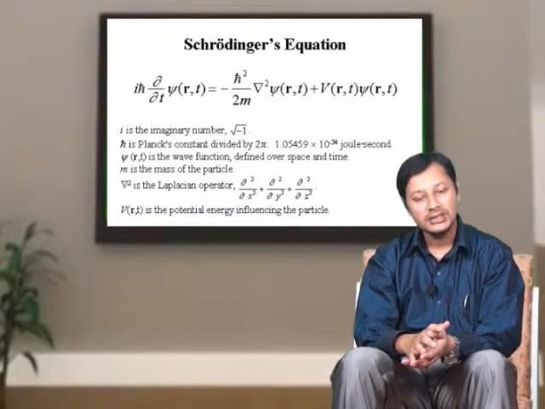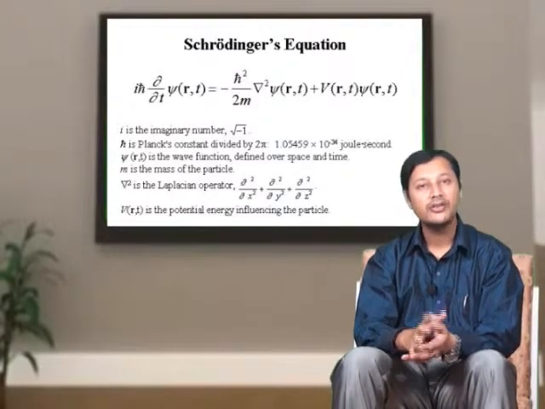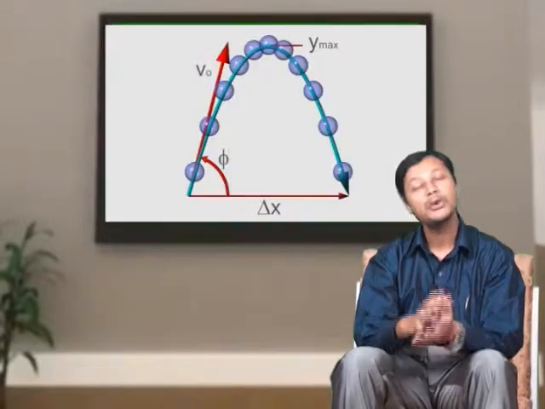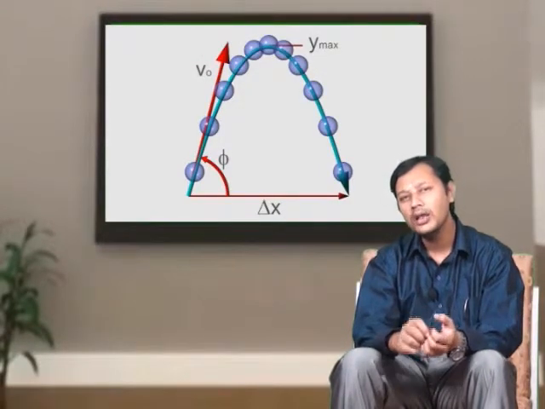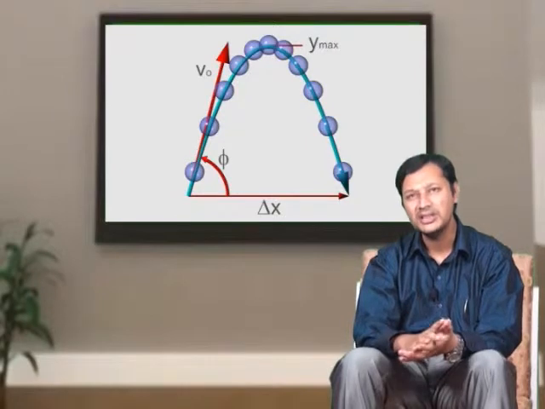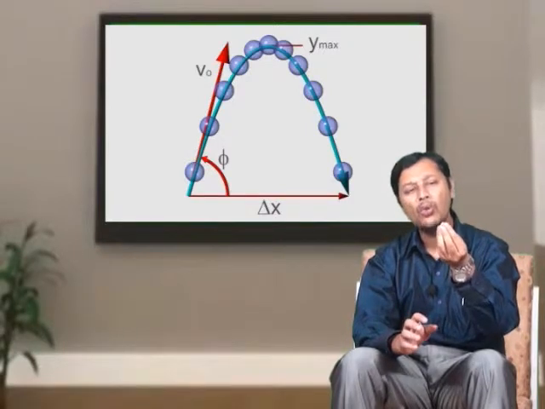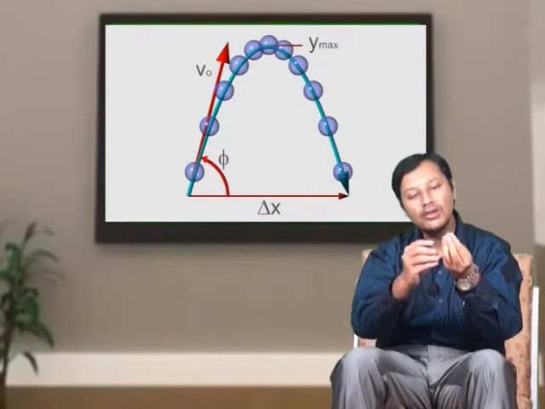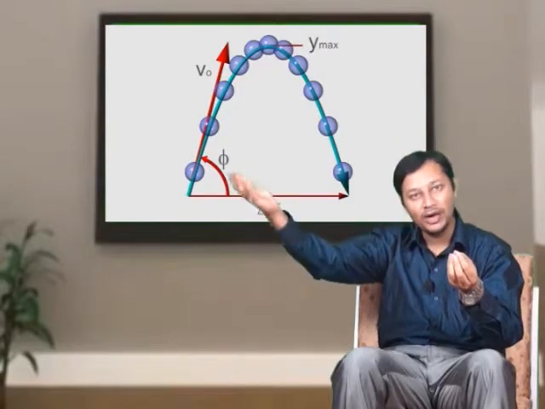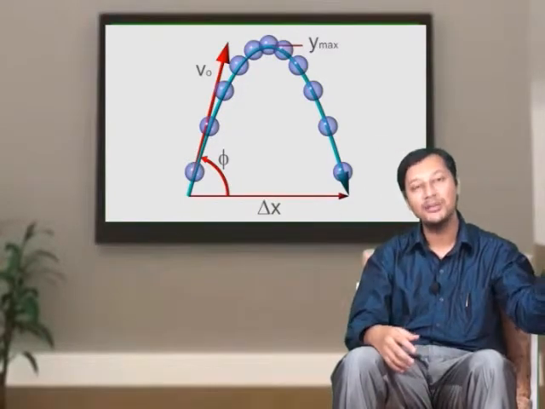Now this is characteristically different from what we do in classical mechanics, because in classical mechanics all our equations and laws are deterministic. Deterministic in the sense that if you know at this instant of time, at this position, what the quantity is, you could always say what it was some time ago and what it will be some time later.